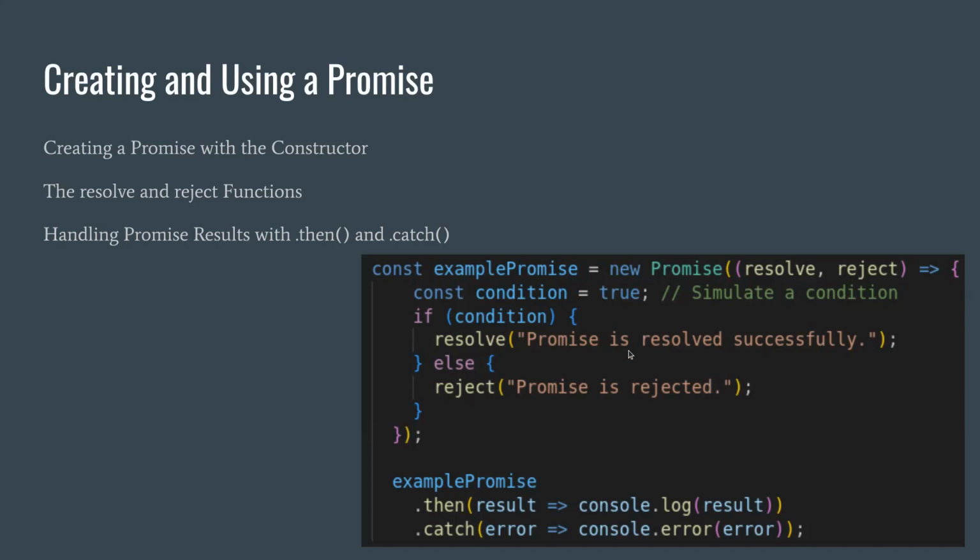So this is how we can simulate a condition for a demonstration. Then what we can do is handle the outcome of the promise using then for success and catch for error. And this pattern is essential for effective asynchronous programming in JavaScript.